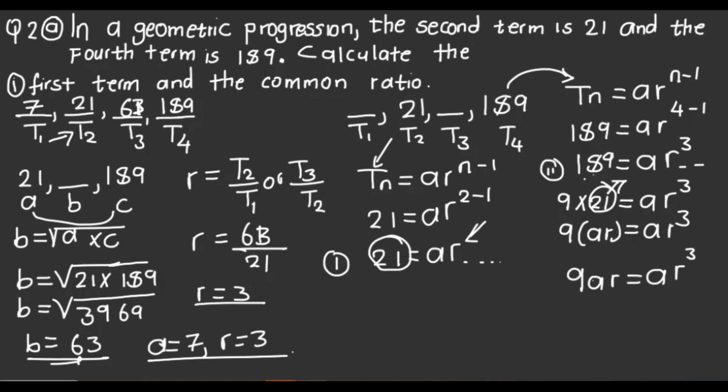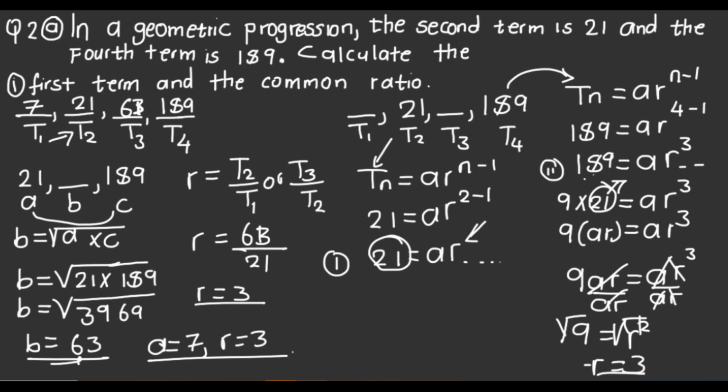Now since we are solving for the common ratio and the first term, let's divide by AR, also here by AR. If we cancel, we have 9 is equal to, this A cancels, this R cancels, we have R squared. Let's take the square root, also here the square root, which is R is equal to 3.